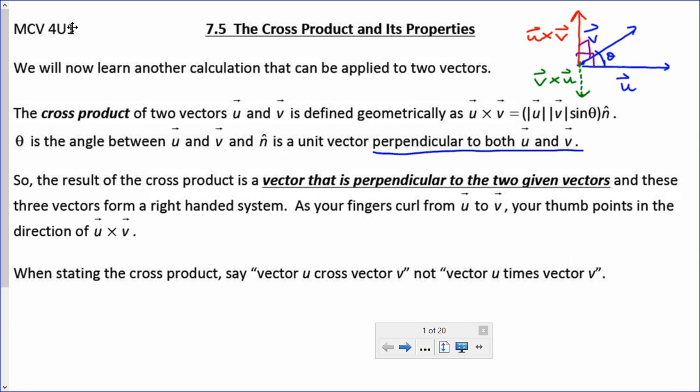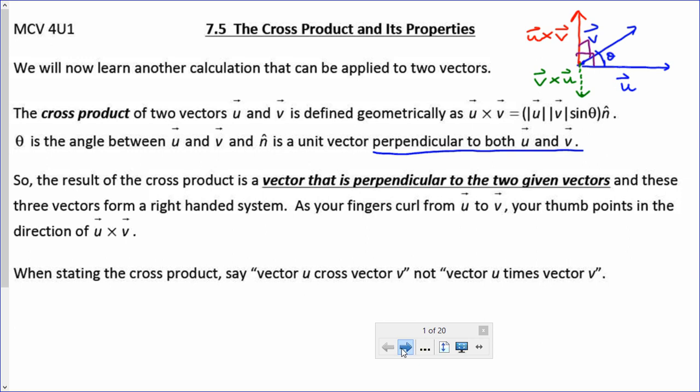It's coming out of the board or out of the page. And then if I wanted to do v cross u, do you see my hand has to change orientation, because to curl towards u from v, I have to line up my index finger with the vector, and my thumb's going into the board. So the order of the cross product matters, so it's not commutative.